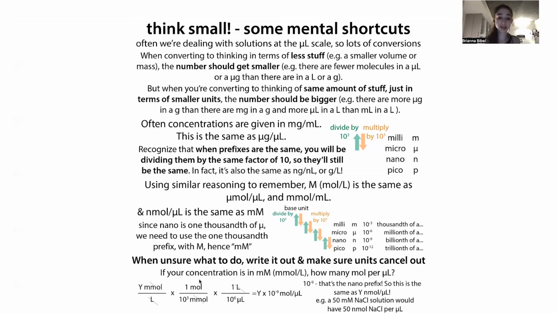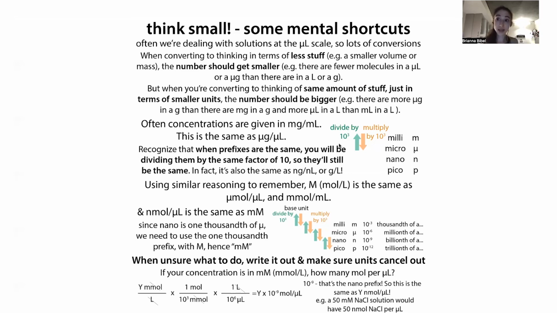So let's think about this in our intuitive sense. We have a concentration in millimoles per liter, and we want to go to moles per microliter. We're talking about a smaller amount of stuff, so we're getting smaller, which means we're going to be dividing. And we're going bigger in terms of the unit we're thinking about.